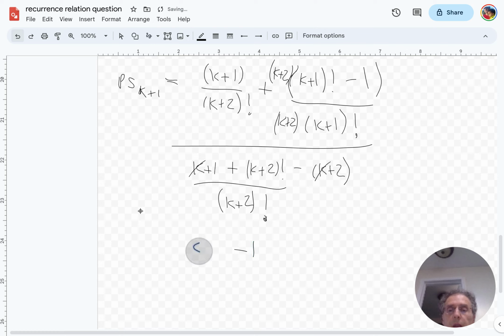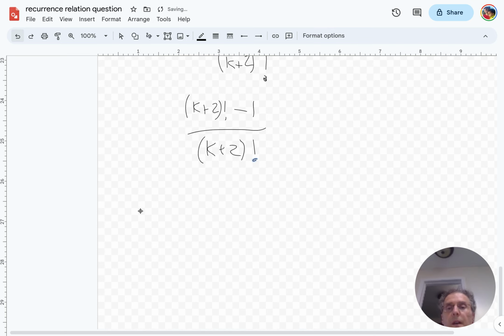And the other part is k plus 2 factorial divided by k plus 2 factorial, which can be written, if we divide everything, as 1 minus 1 over k plus 2 factorial.